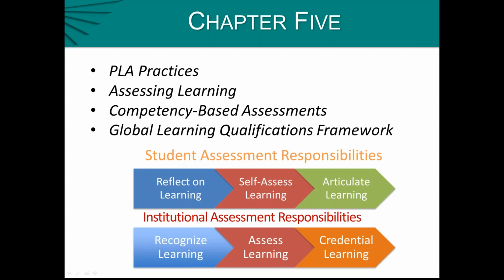That leads me to talking a little bit about the Global Learning Qualifications Framework. We had a Lumina grant to develop a framework for assessing learning that's been acquired outside of the traditional academic environment. We did an extensive amount of research because the whole question becomes, what is verifiable college-level learning?